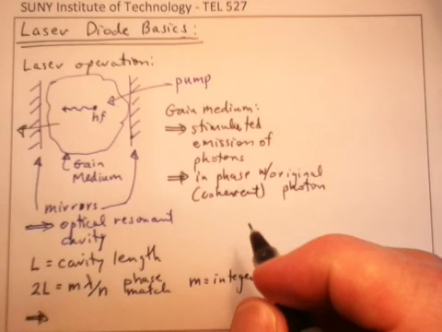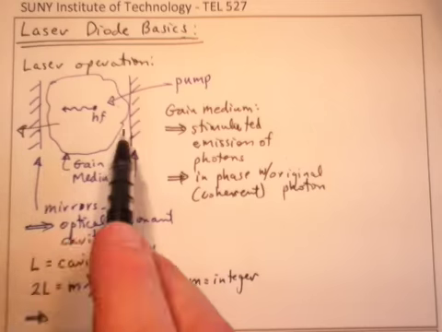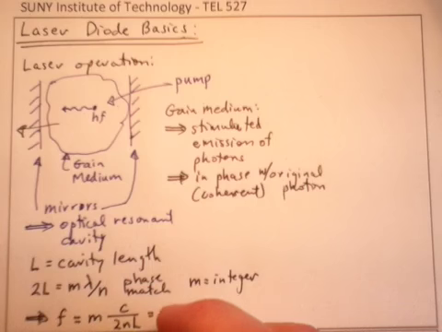In other words, it's again kind of like the waves on a string, the modes in a guitar string. And this gives rise to the following condition, that the frequency that resonates is equal to m times c all over 2nL. And so these are the resonant frequencies.